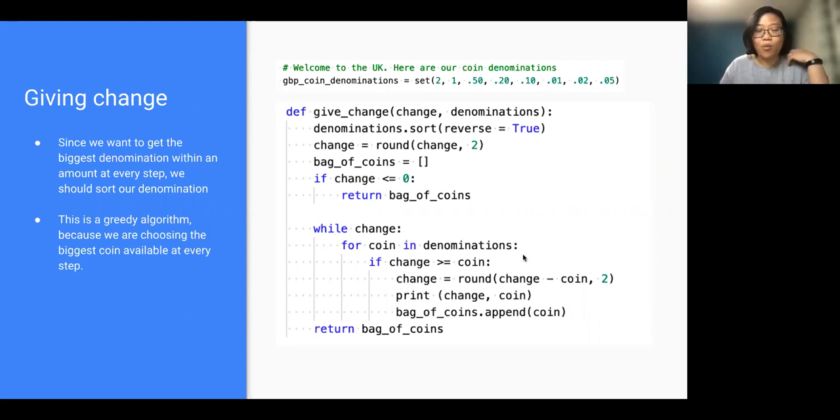But actually, what will happen to this algorithm if you didn't have a 1p denomination available from your set of coins? Any ideas from the audience? What will happen to this algorithm if we didn't have a 1p denomination?